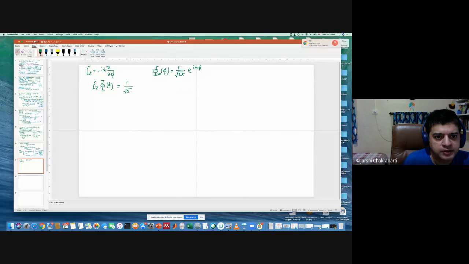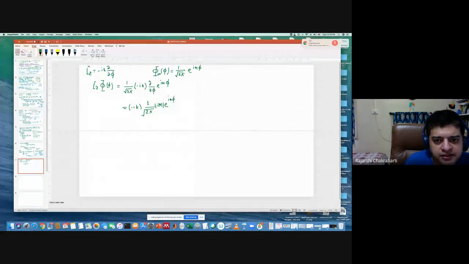1 over root of 2 pi is a constant, take it out, times minus iħ, and then the derivative with respect to phi of exponential of i m phi. The answer is minus iħ times 1 over root 2 pi, and this m will come down, times i m times exponential of i m phi.